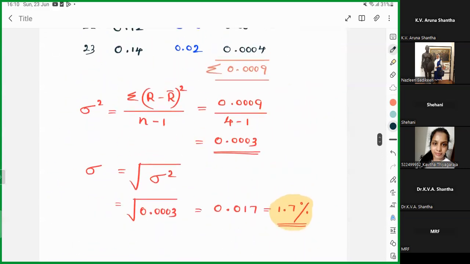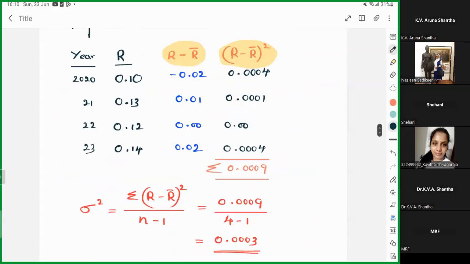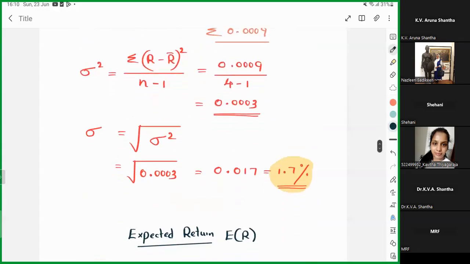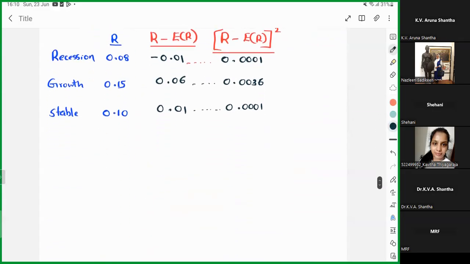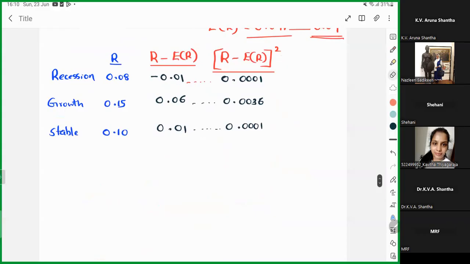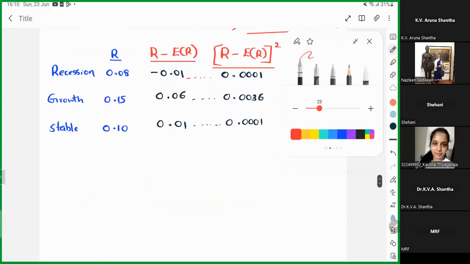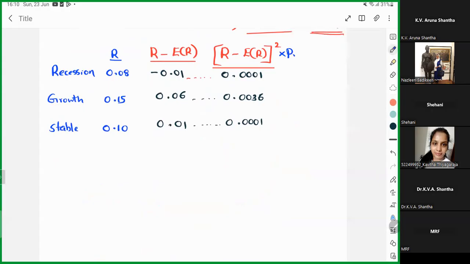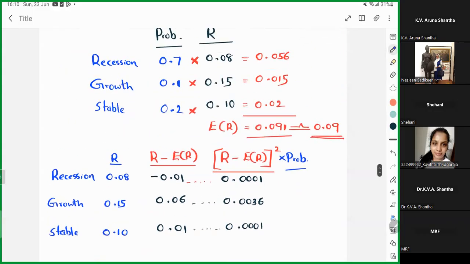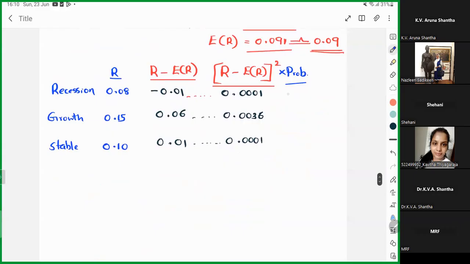Then what is the third step? You got the total and divided by n minus 1. So that is for the variance calculation when you are using past data. But here, these squared deviations are multiplied by probability. So what are the probabilities? 0.7, 0.1, and 0.2.